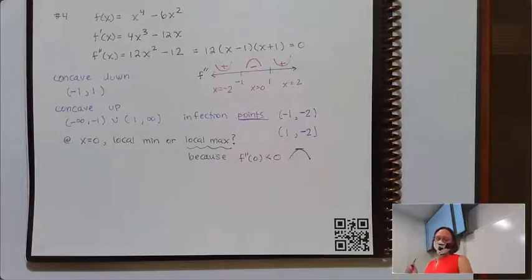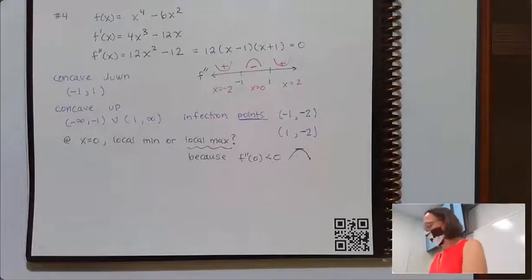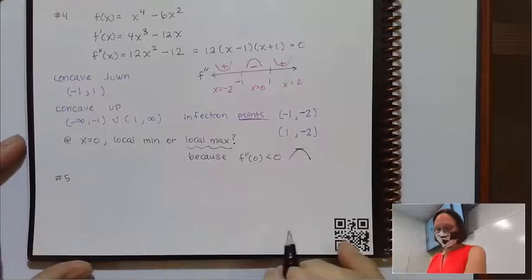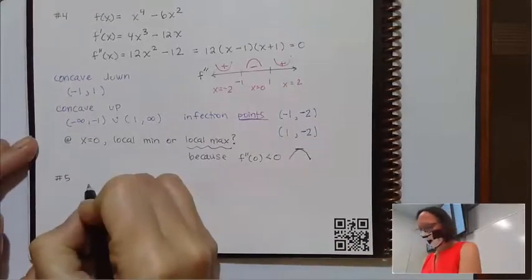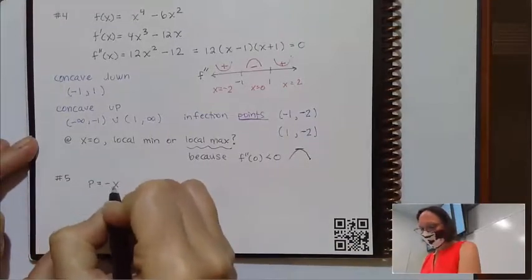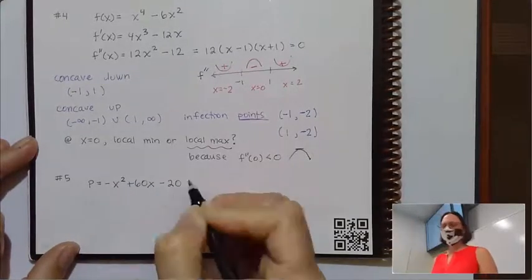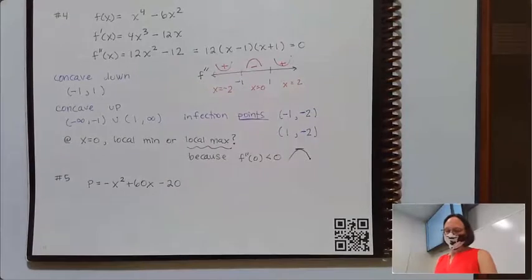And we did the last problem last time, so I'm skipping it for now, but in case you were not with us on Tuesday, I'll do the fast forward version. P was negative x squared plus 60x minus 20. We're supposed to use differentials to estimate the value of dp.